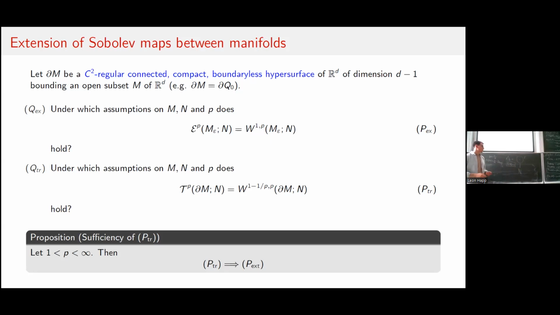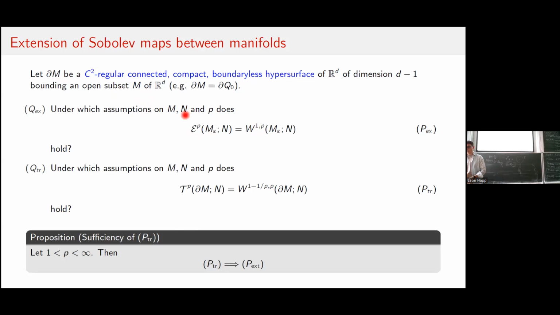And then we have these two related questions, or I will show that they are related. So under which assumptions on M and N does the following hold? M_epsilon, you have to imagine as some annulus around your manifold M. So you have this hypersurface, on the inside lies your domain manifold M, and then M_epsilon is some annulus on the outside, and we want to extend functions from the outside to the inside.